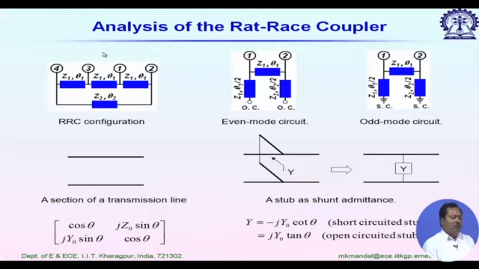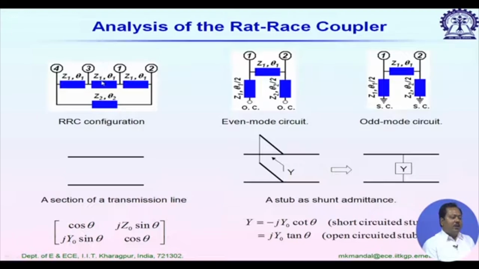So, if you look at the circuit, we have to find a plane of symmetry first. The symmetrical plane bisects the coupler, and port 1, 2 will be on one side, 3 and 4 will be on the other side. So, in even mode condition, this plane will be replaced by a PMC or open circuit condition.